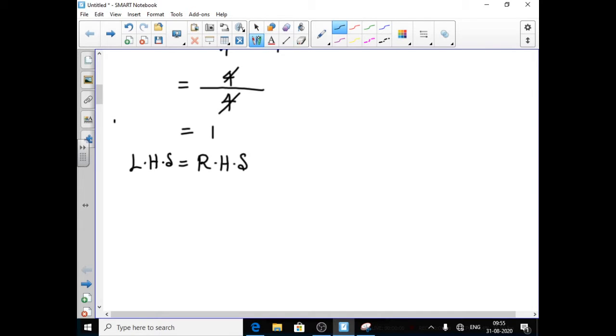So sin square 60 degree plus cos square 60 degree is equal to 1. Therefore LHS equal to RHS. Hence it is proved.